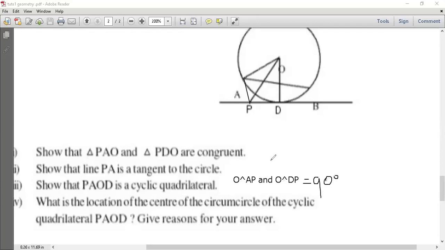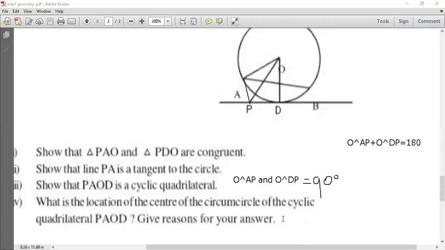Then we can write it as this, 180. So finally write down that PAOD is a cyclic quadrilateral.